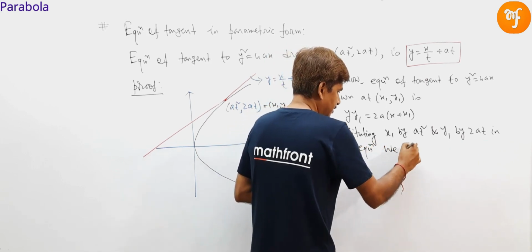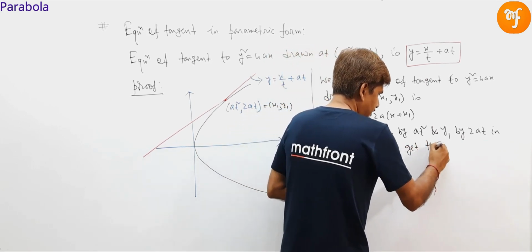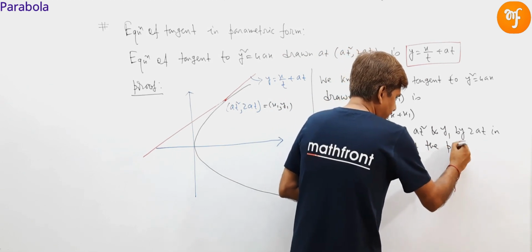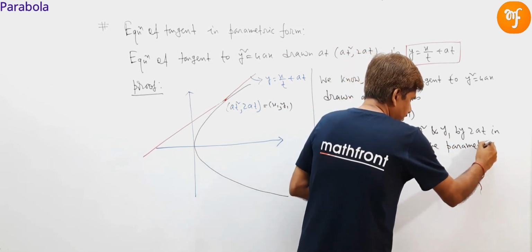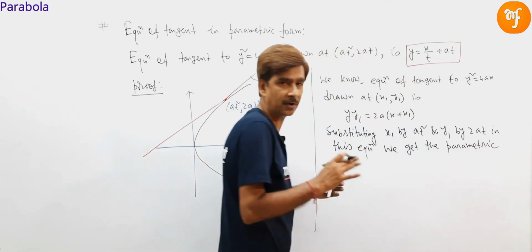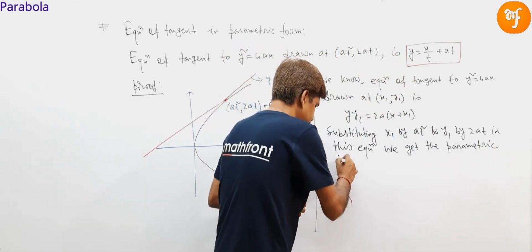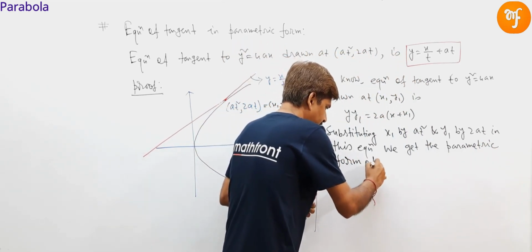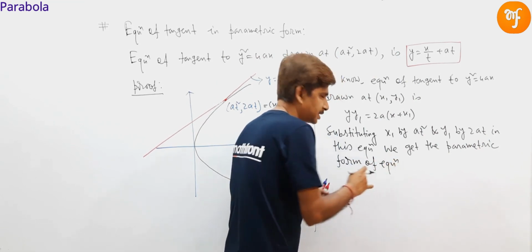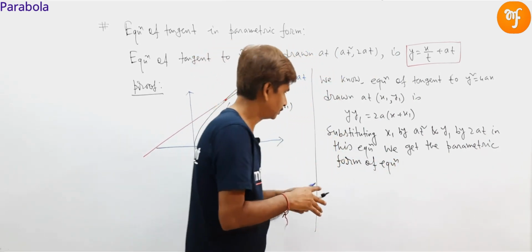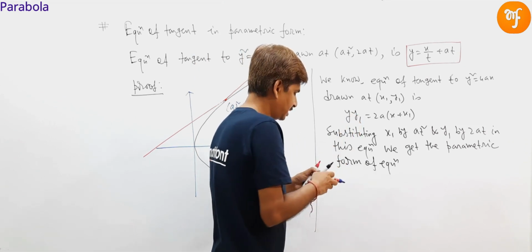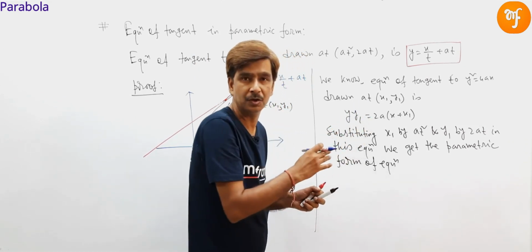We get the parametric form of equation. Okay, so let's substitute. So what we will get? y1 is substituted by 280.